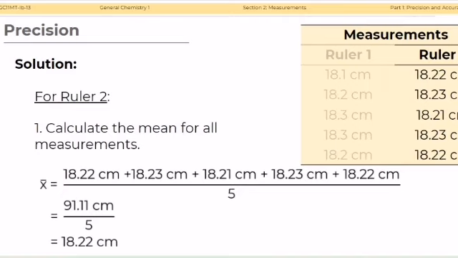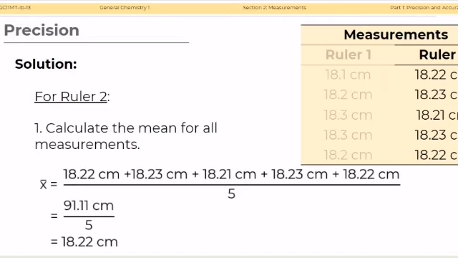Now let us proceed to processing the second set of data. We first get the mean of the values. Again, use the formula: add all the measurements and divide by the number of measurements, which is 5.